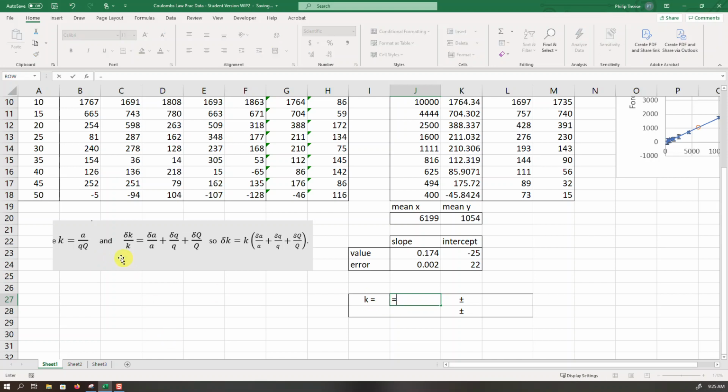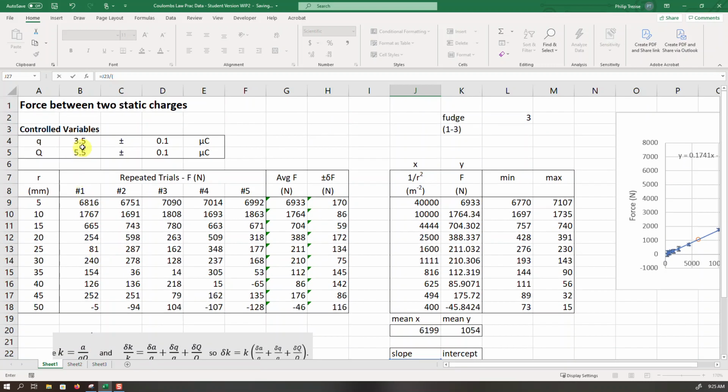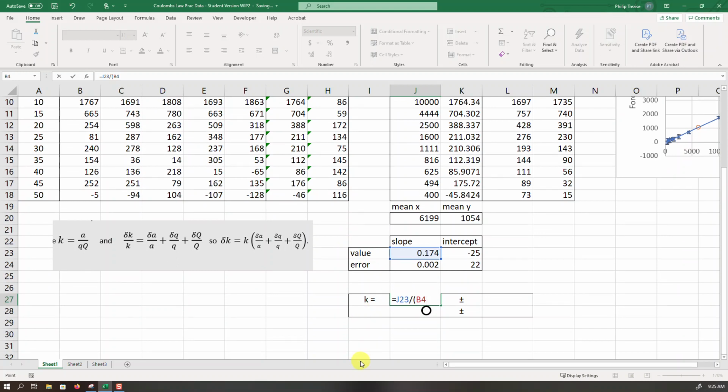Again, start with an equals. I need the gradient. That's the value stored there. It needs to be divided by a product of two numbers, little q, which is that one. Now that number is 3.5, but don't forget it is microcoulombs. So I will come down here and write multiplied by 1e-6.